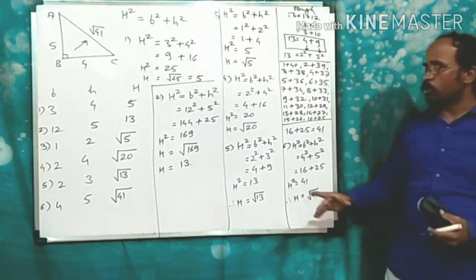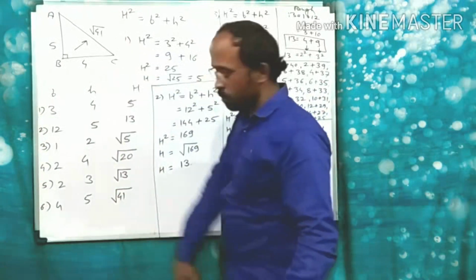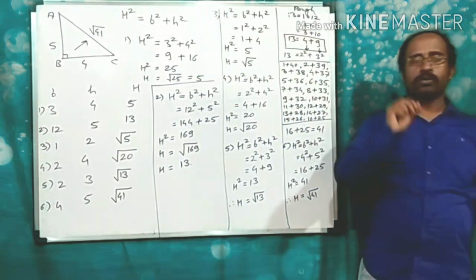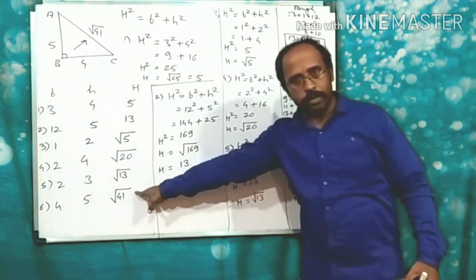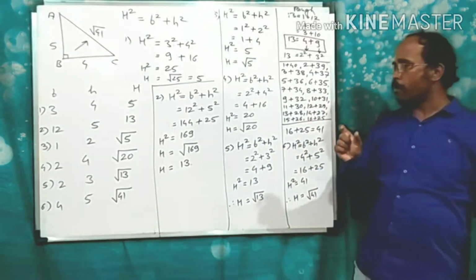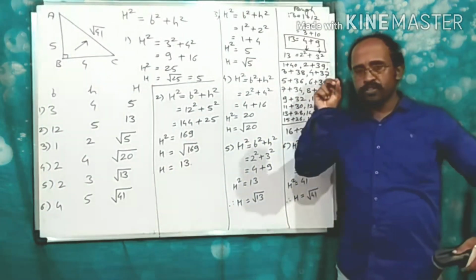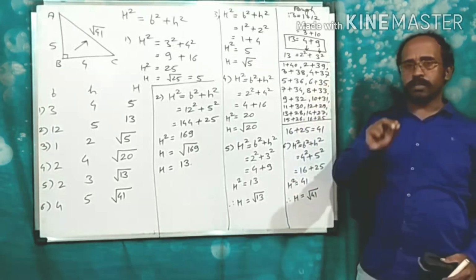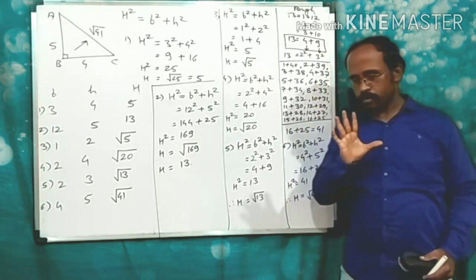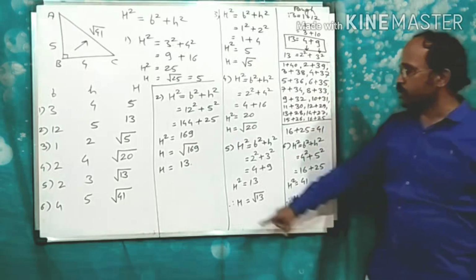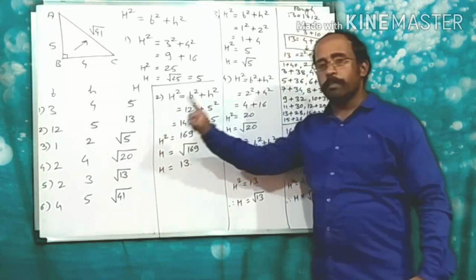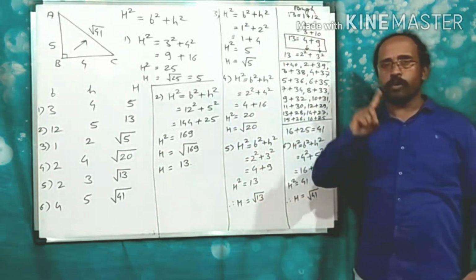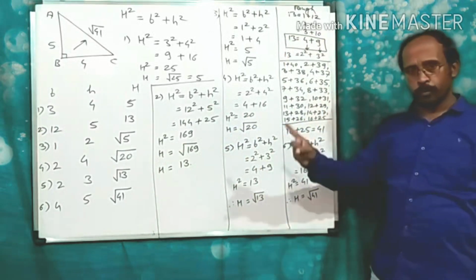So students, to find out such irrational number, we have to follow two steps only. First, look for the given number and find out combination of addition of such numbers that both of the numbers are perfect square numbers. As in this example, 1 plus 4, 1 is square of 1, 4 is square of 2.